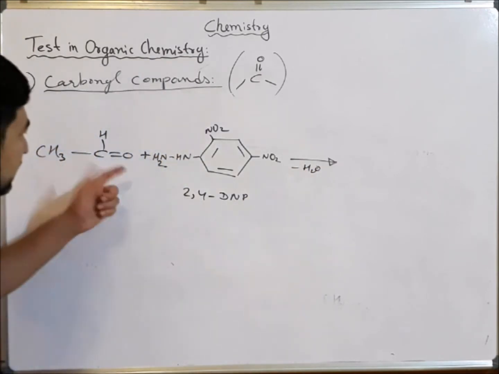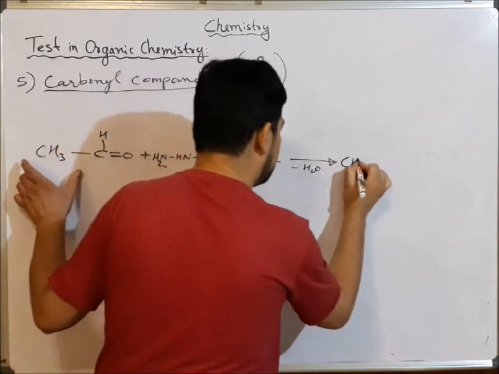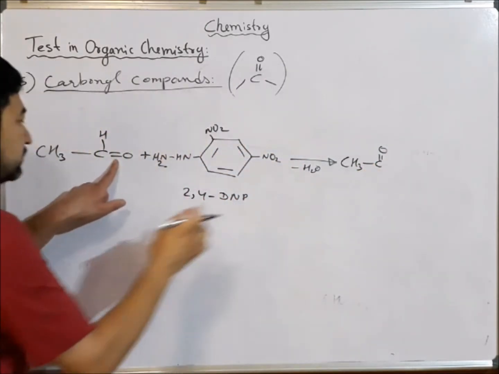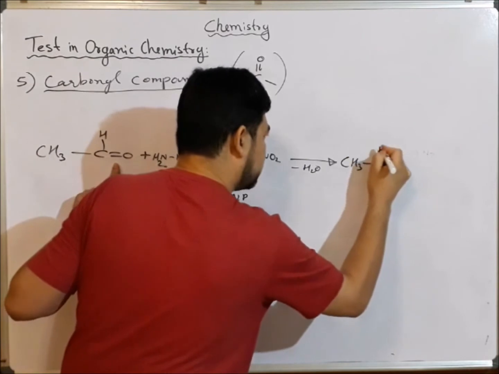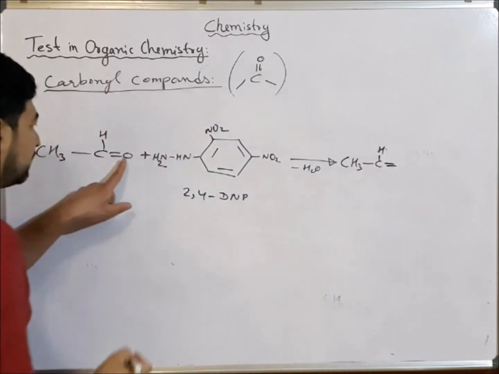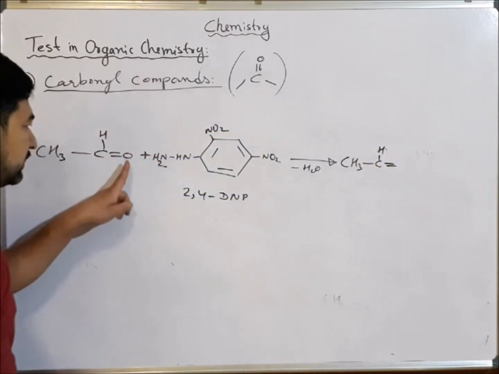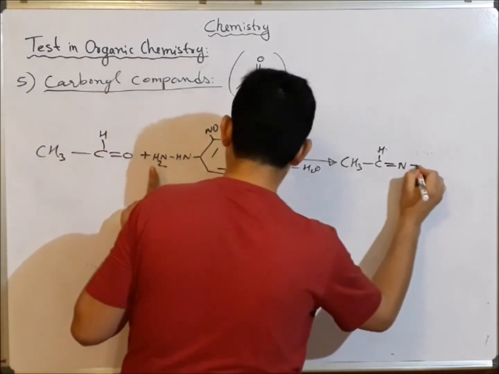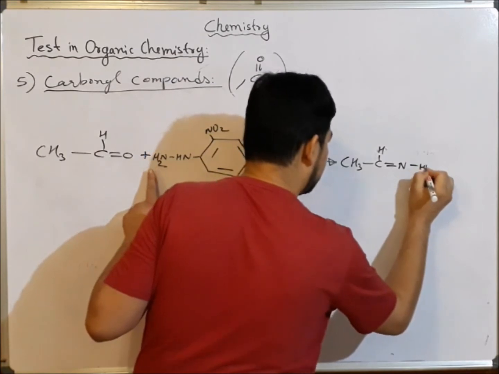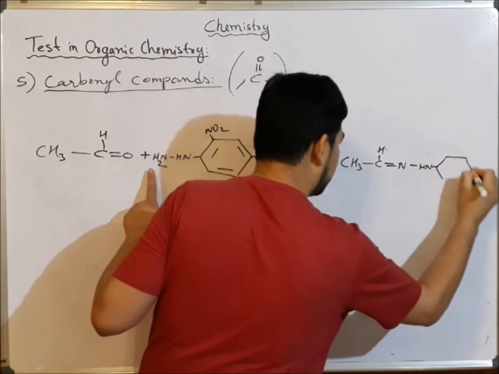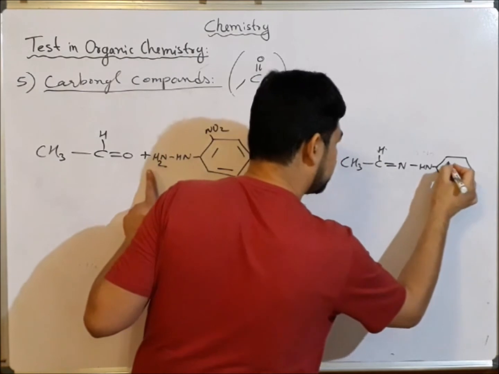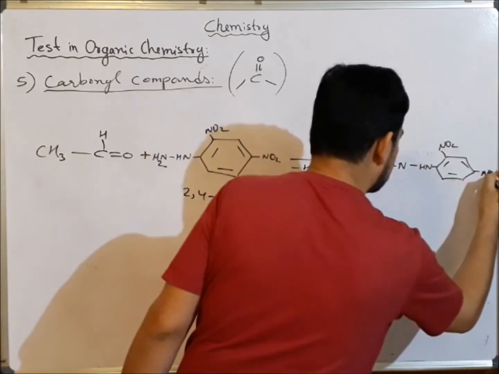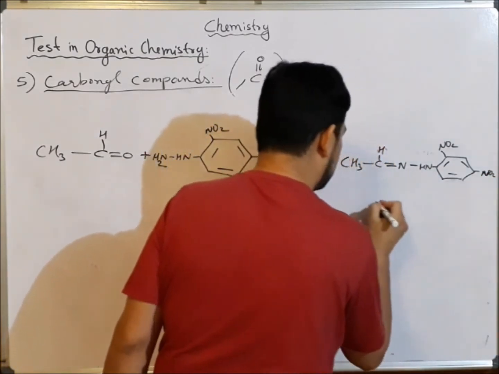Then the product will be CH3 C, with the double bond O coming out, then N comes in, so a double bond N. Here comes HN again, then the benzene ring with two nitro groups.